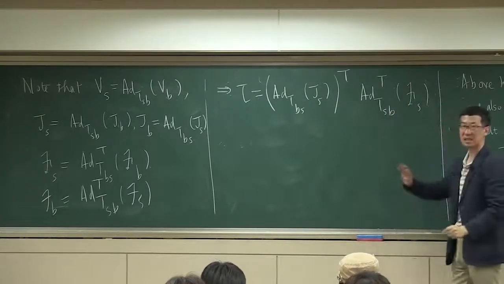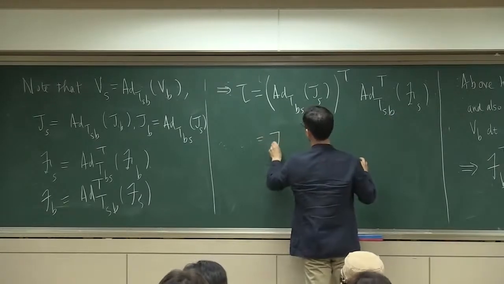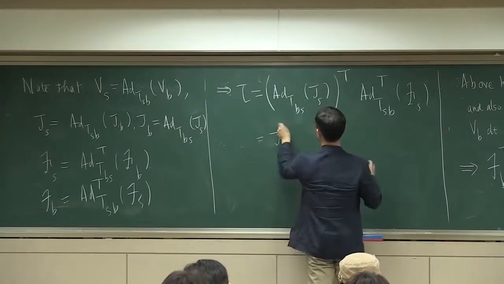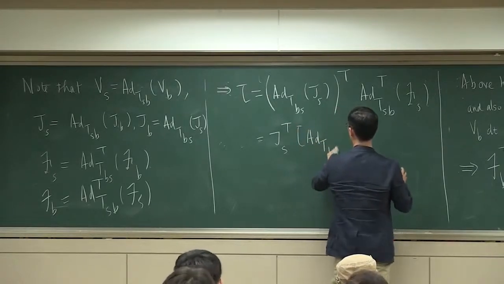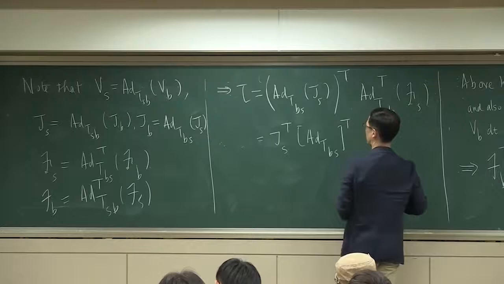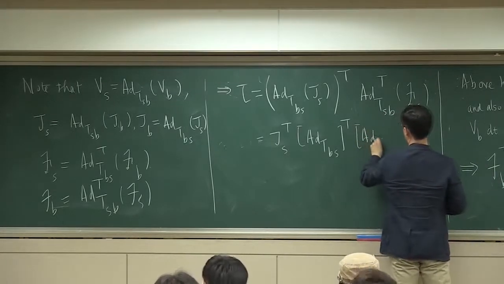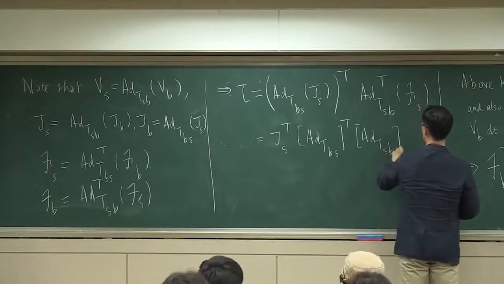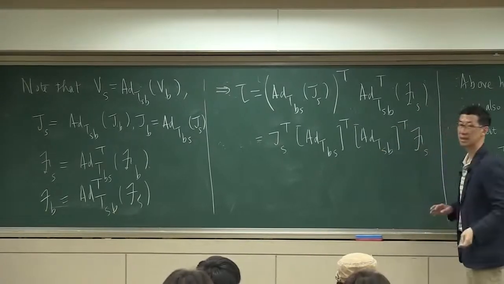Let's clean this up a little bit. So this is J_S transpose times Ad_TBS transpose, and this is Ad_TSB transpose F_S.